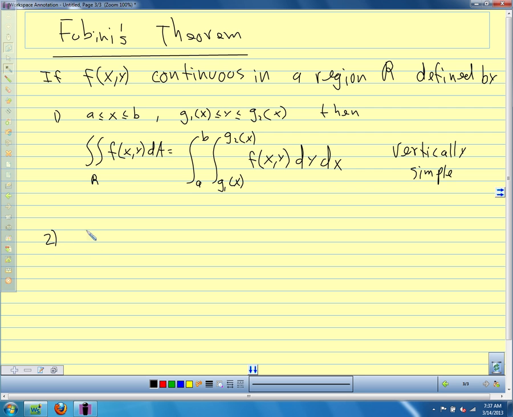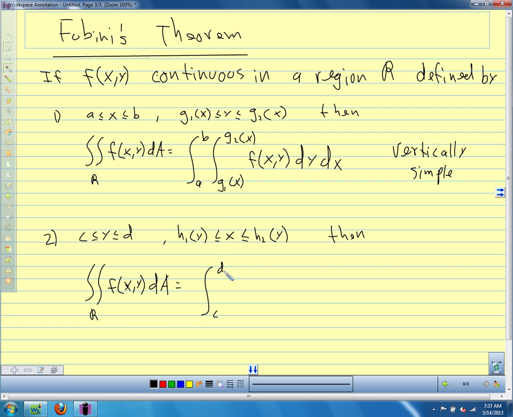So our second condition is just for our horizontally simple region. c is less than or equal to y less than or equal to d, then our double integral is our iterated integral for a horizontally simple region. And our order here is reversed. dx, dy.